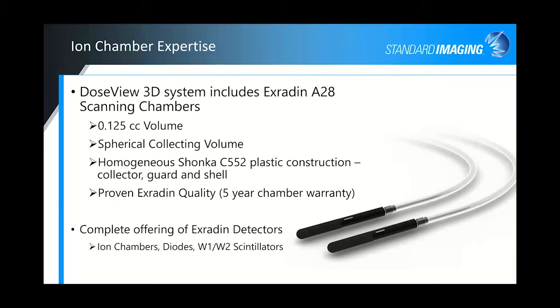And then we also have a complete offering of X-ray detectors, from our ion chambers, like I mentioned, from our small micro chambers to our large volume spherical chambers. We've got a couple of diodes, both a vertical and a horizontal orientation diode for stereotactic, as well as our W1 and W2 scintillators, which are a water equivalent scintillation detector for scanning.